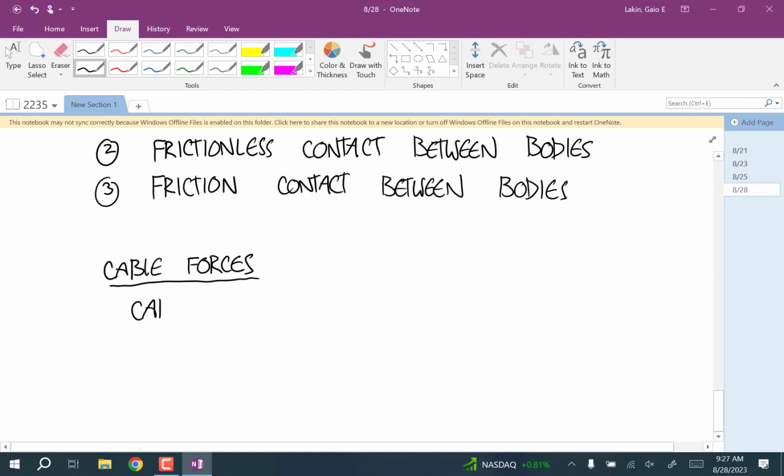A cable always applies a force to the body that's parallel to the cable, away from the body.